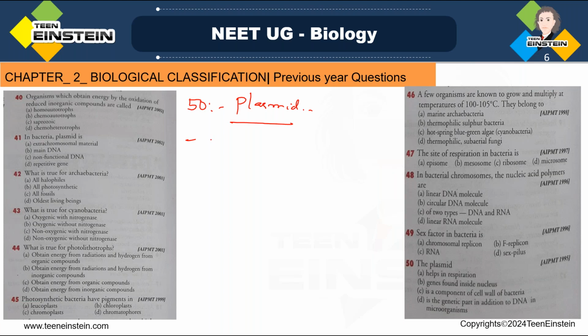Plasmid is small. Then it has the capacity of self-replication. Then it is extra chromosomal. It's an extra chromosomal material and it's a non-essential genetic element.